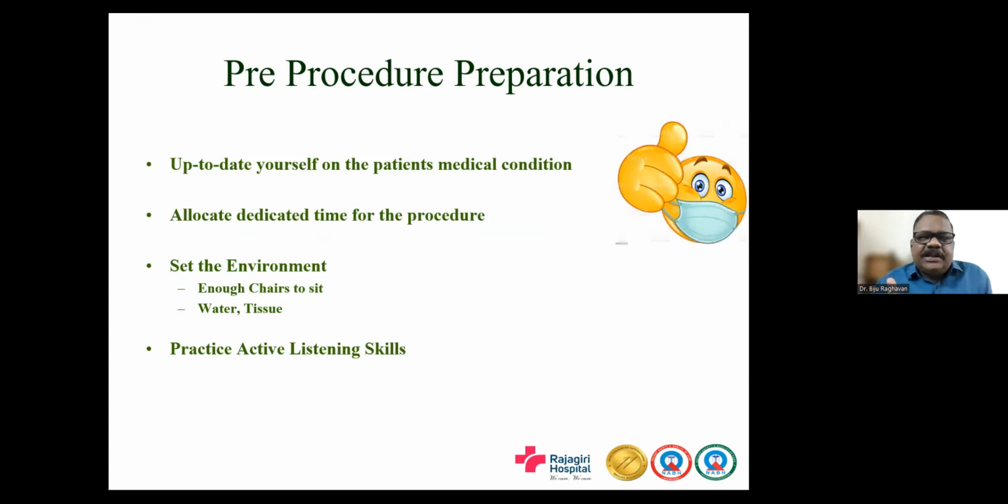Sometimes you may have to do it as an emergency procedure, but by and large, allocate dedicated time for this, just like you would for an elective procedure. Set the environment. Most of the time, expect that there will be some crying. So keep some tissue handy, some drinking water, paper cups, and whatever we learned last time, active listening skills, keep that handy too. But of course, that is something you will be doing for every patient every time.